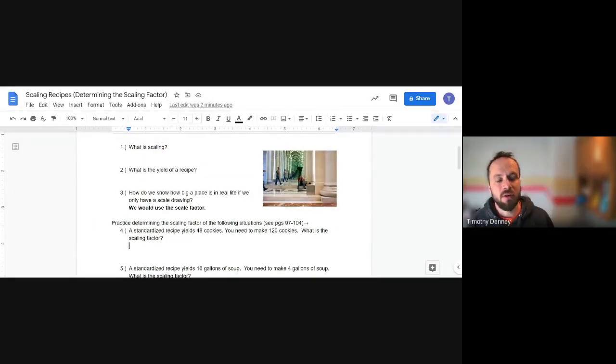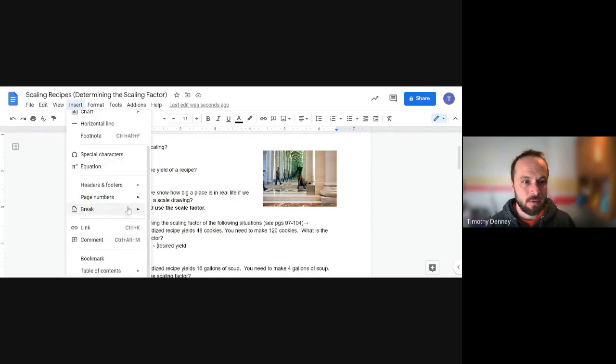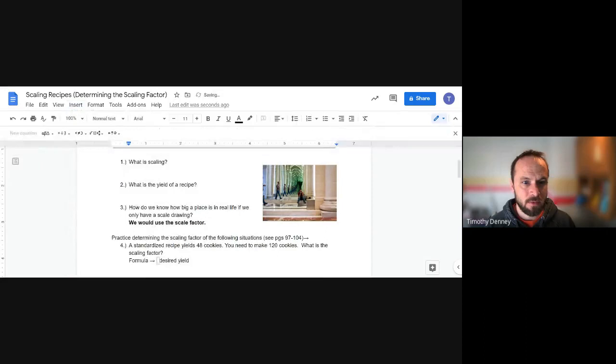Not that one, this one. A standardized recipe yields 48 cookies. So remember our formula here: the scale factor is the desired yield divided by, not multiplied, but divided by the original yield.